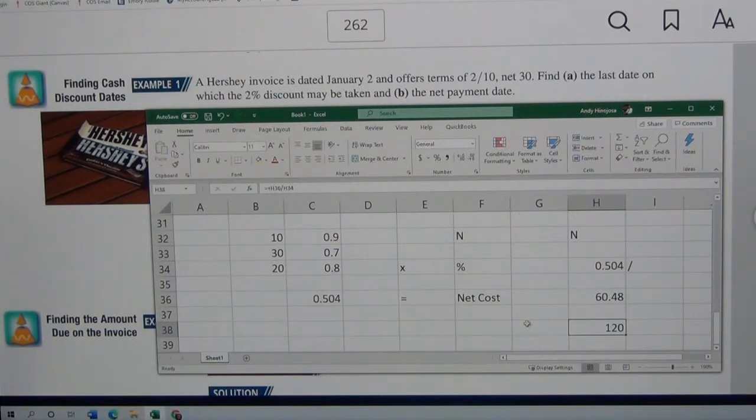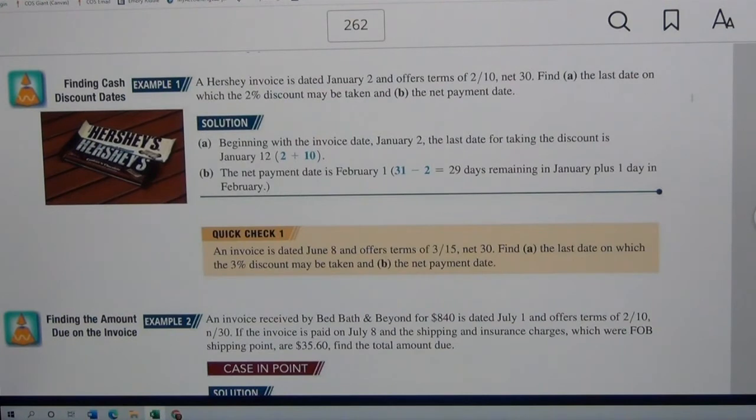2/10 net 30. All right, so if it's 2/10 on January 2nd, well, this one's pretty easy. We're just going to add 10 days to the 2nd, and we'll end up with the 12th. So you can take the discount on the 12th, but if you don't pay it by the 12th, then you're stuck with the net. It's due in 30 days. So we've got to figure out what day we'll get to the 30th day. Well, you can count it out on a calendar, or you can do some quick calculations.